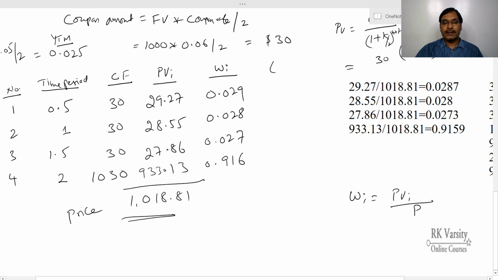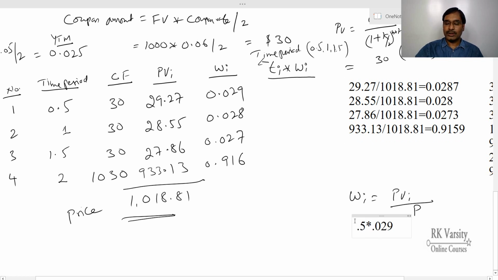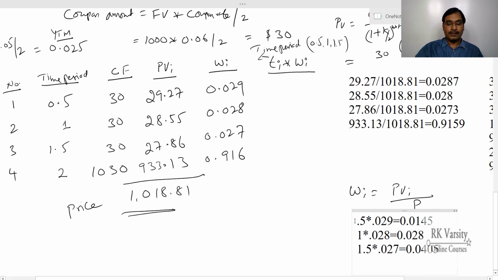Now we calculate T of i times weight of i to get our duration. The summation of this will give you the duration. Here T of i is the time period, that is 0.5, 1, 1.5, and 2, times the weight of i. Now we do the calculation: 0.5 times 0.029, then 1 times 0.028, then 1.5 times 0.027, then 2 times 0.916.